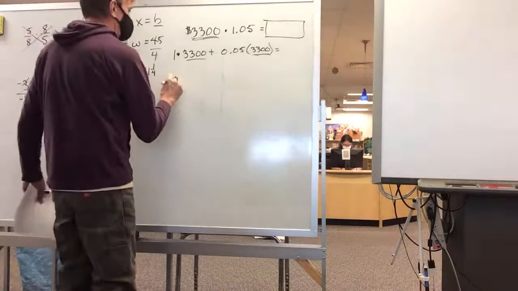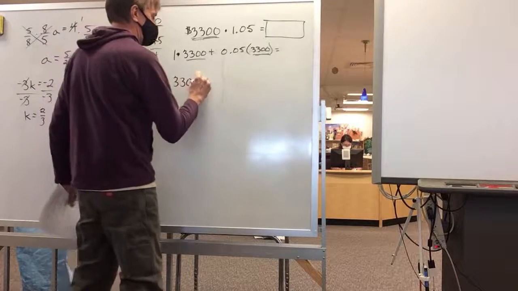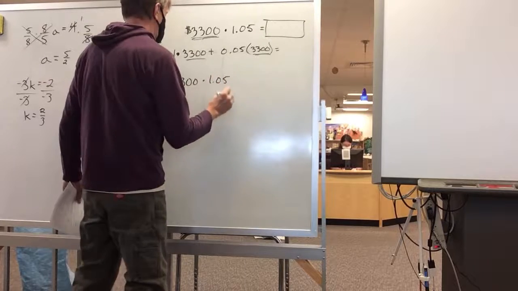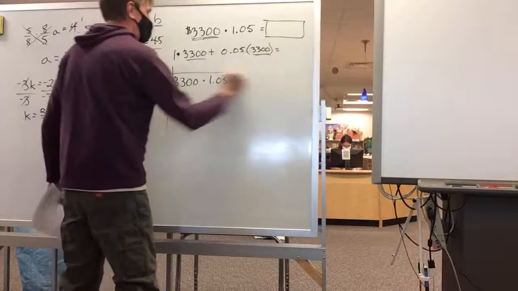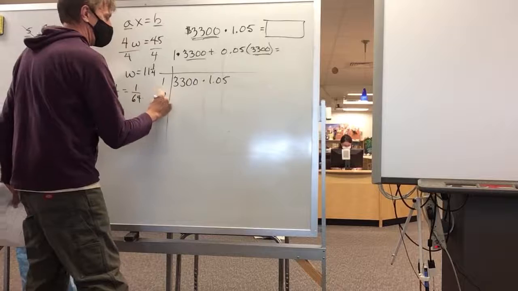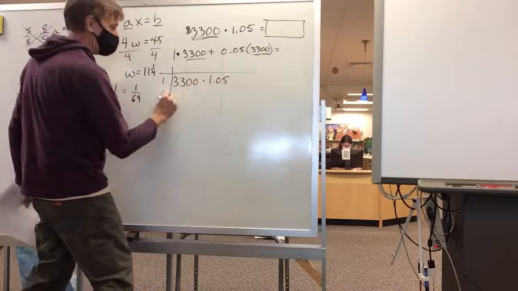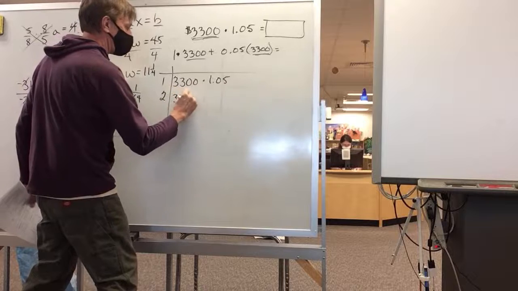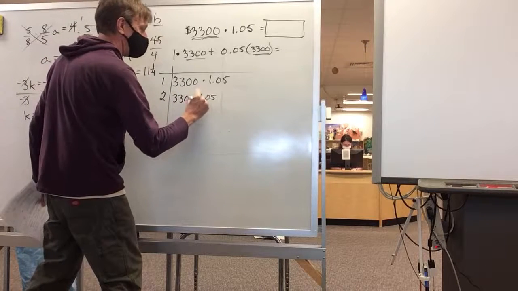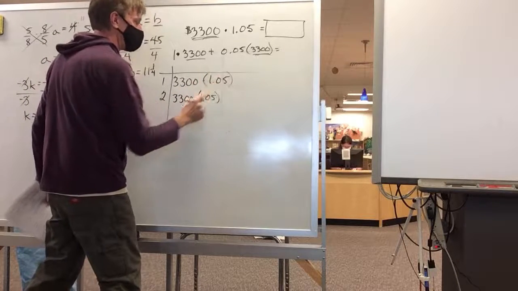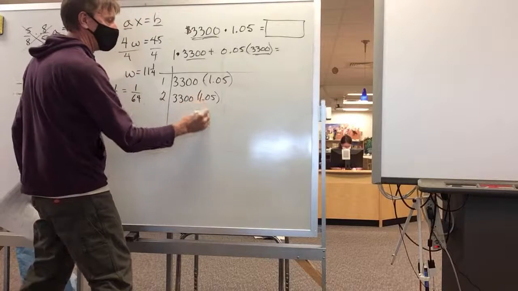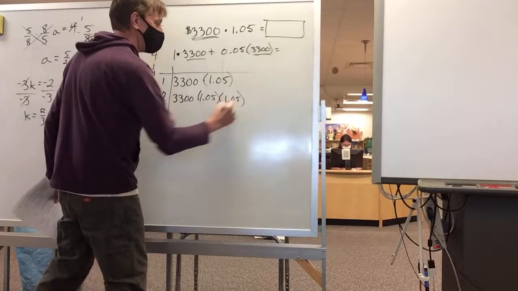So what we do is we think of it like this. Times 1.05, this is year number 1. Year number 2 would be this amount again. So it'd be 3,300 times 1.05. I'm gonna put them in parentheses, that'd be easier with all the dots. Times 1.05 again.